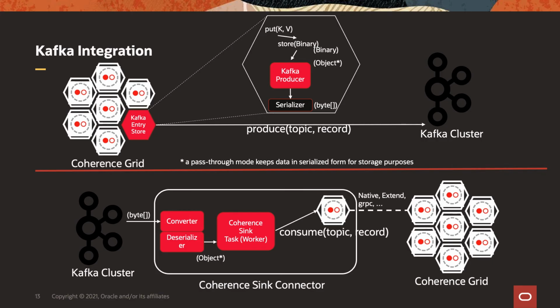And on the sink side, the bottom half of the diagram here, we have a Coherence sink connector for Kafka that can take a record from Kafka and basically put it into Coherence as a key value pair. So this is an important integration for people who are building modern streaming-based architectures in addition to microservices architectures, the ability to integrate natively with Kafka.